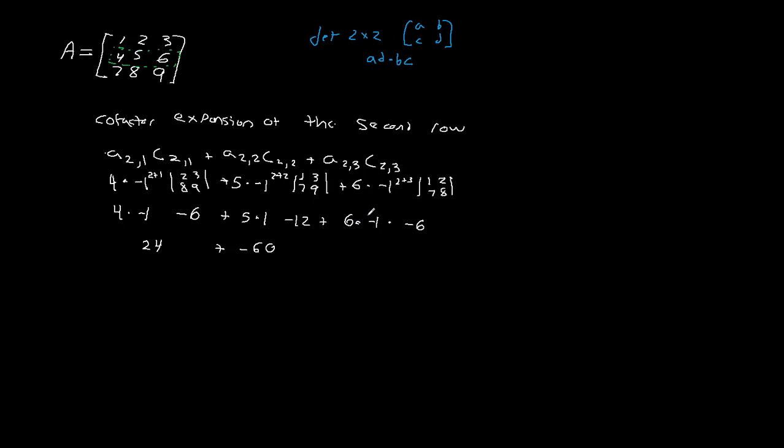And then 6 times -1 is -6, times -6 is +36. So we combine like terms here. -60 plus 24 plus 36 is 0. And we get a value of 0.